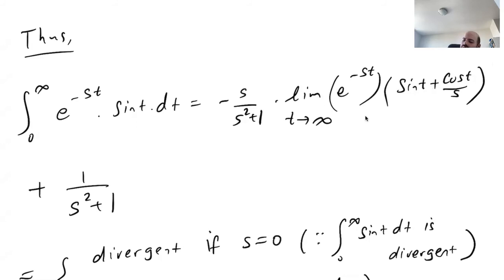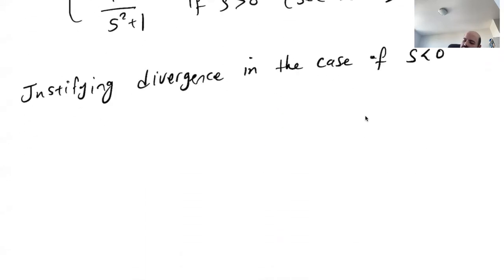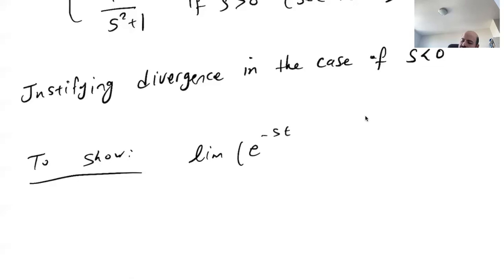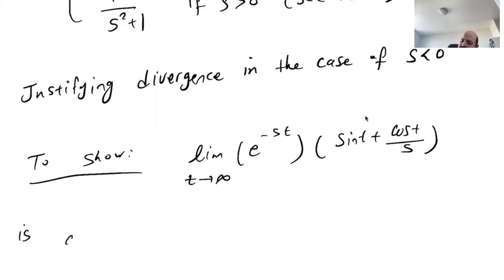So to show that limit e to power minus st times sine t plus cos t over s as t goes to infinity is divergent, let's use proof by contradiction.